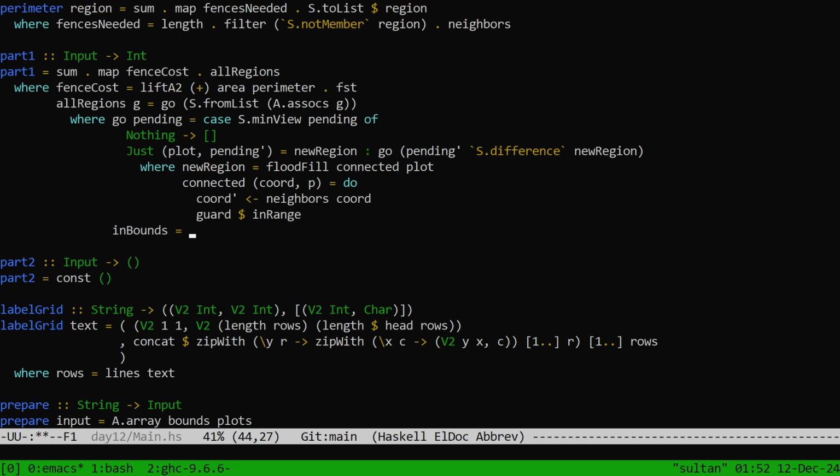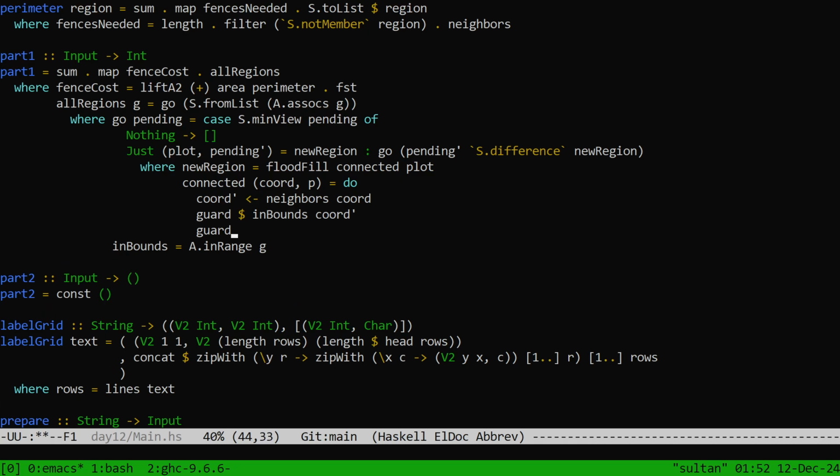Inbounds is in range of G. Guard that coord prime is inbounds. Guard furthermore that, actually, does an array have like a lookup that returns a maybe? It does actually. So I shouldn't, this is stupid, I shouldn't do this at all.